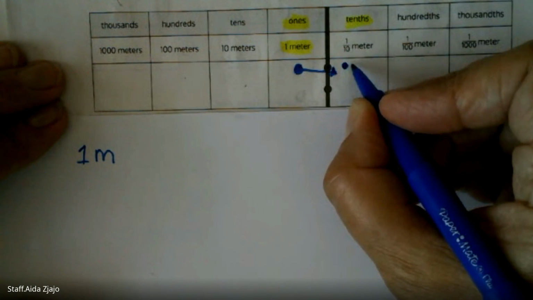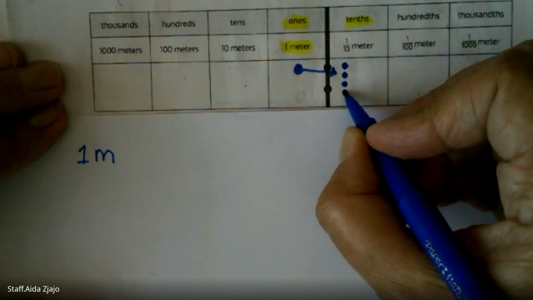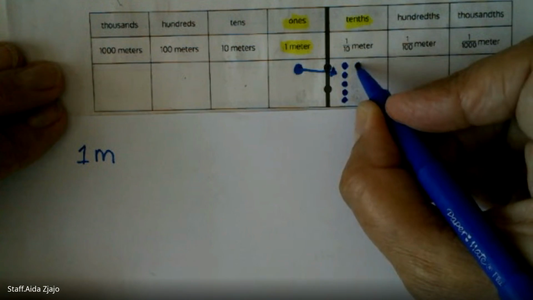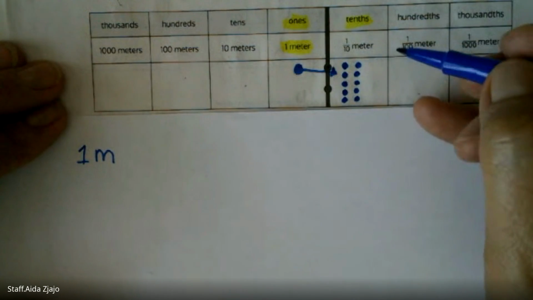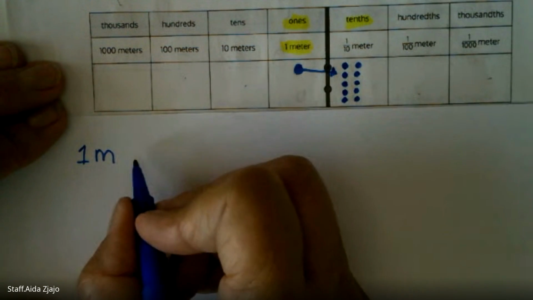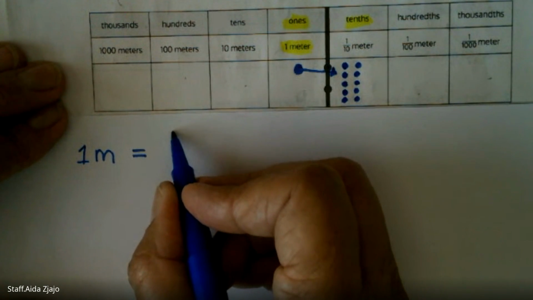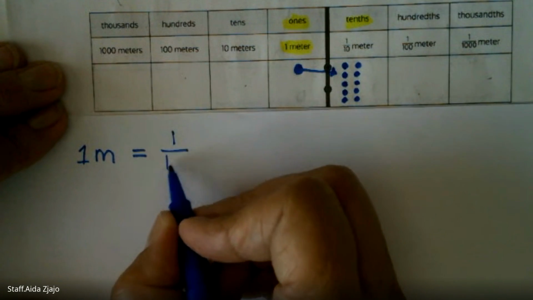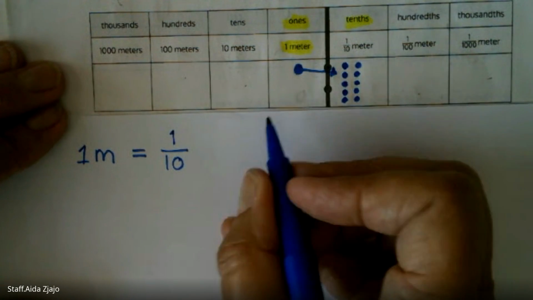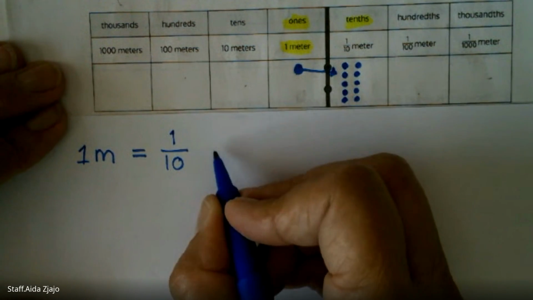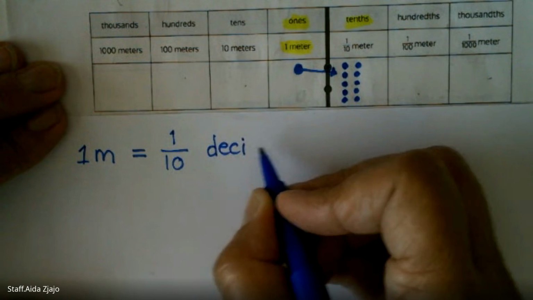So I will need to have here 1, 2, 3, 4, 5, 6, 7, 8, 9, 10 decimeters. So 1 meter is the same as 10 decimeters, and 1 out of 10, 1/10, is a decimeter.